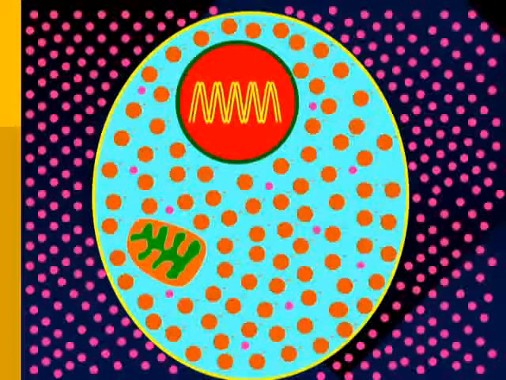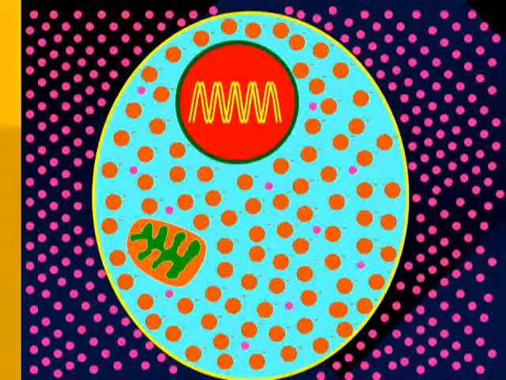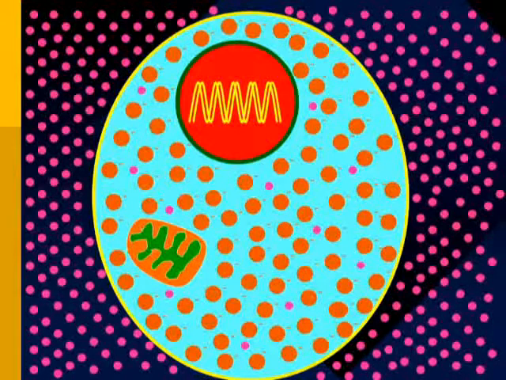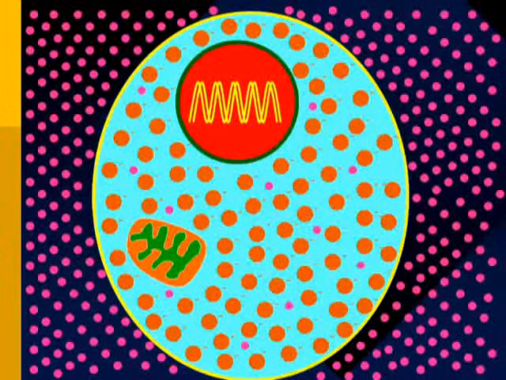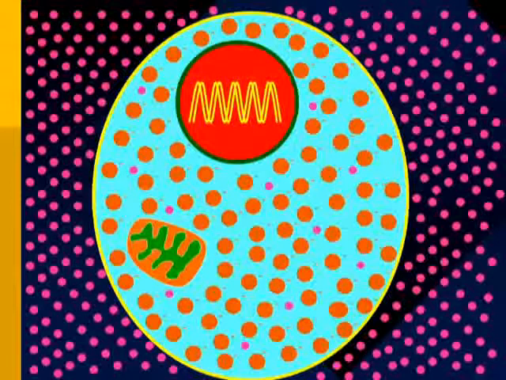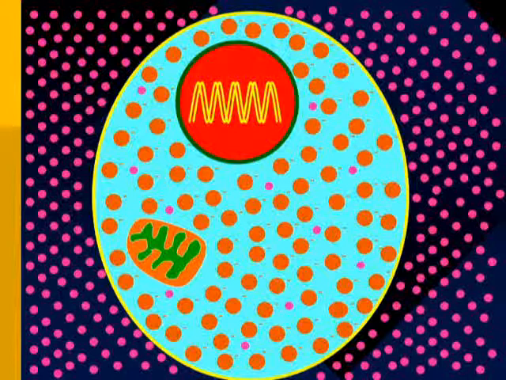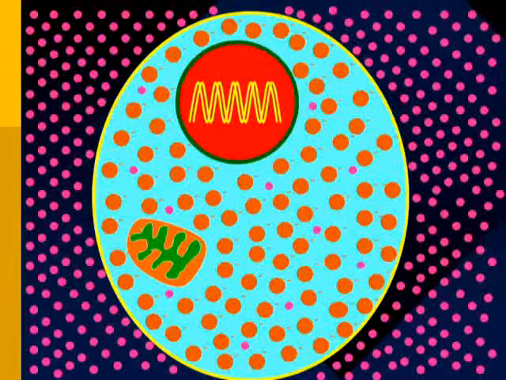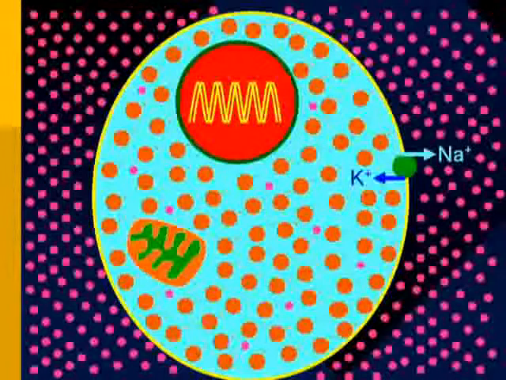And if the plasma membrane were impermeable to sodium ions too, as it is impermeable to the proteins, there would be no problem. But unfortunately, this plasma membrane lets some sodium ions into the cell interior, and therefore the animal cells have a sodium-potassium pump in their membrane, which compensates for this effect.